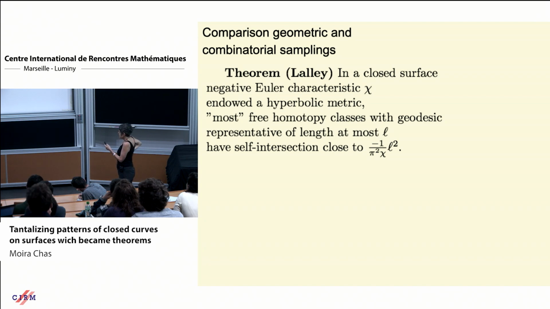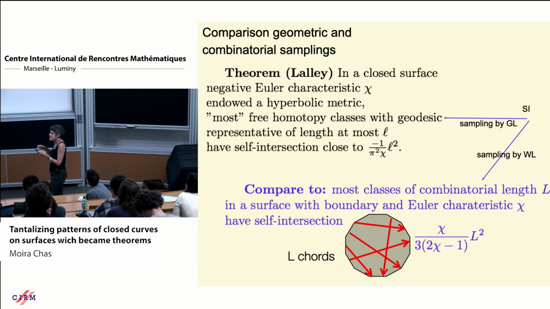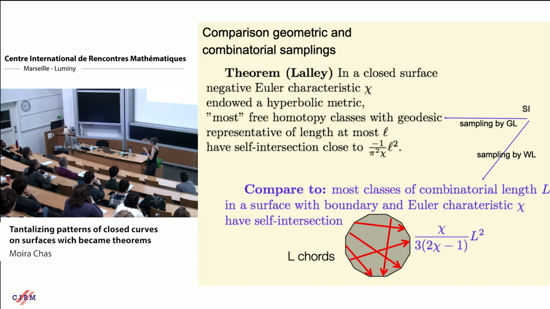And in our example, what we found is the mean is L squared, where L is the word length, times this formula of the Euler characteristic. So it's quite different. For instance, when the Euler characteristic is really large, some of you in the audience told me you like infinite surfaces, or surfaces with very large genus.